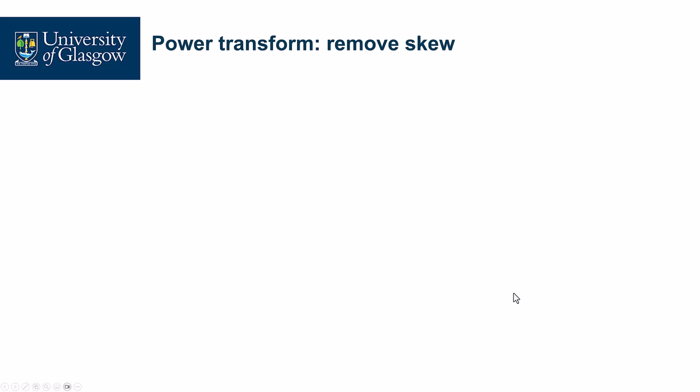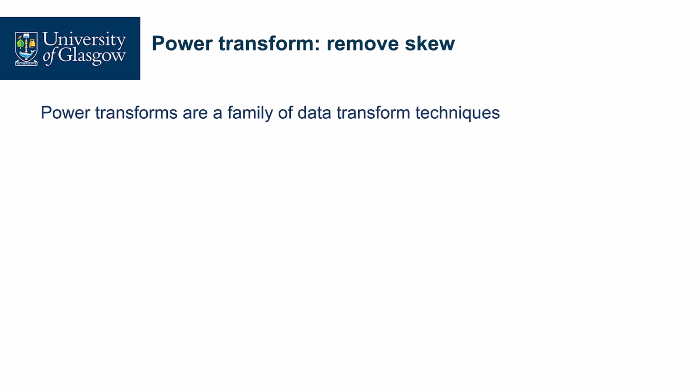Some data have a strong skewness, right? In this case, we can use a power transform to remove the skewness. A power transform is not a single method, but a series of methods, called a family of data transformation techniques using power functions.